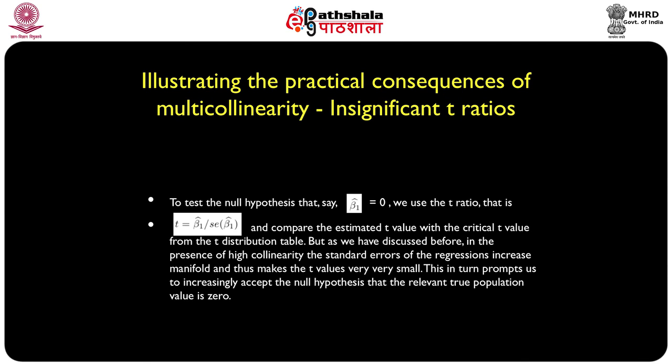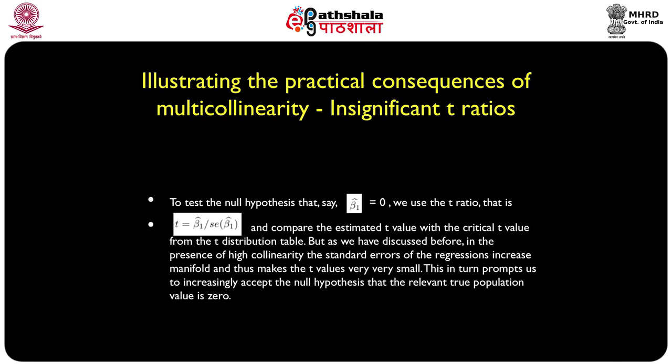Now, moving on to the next consequence of multicollinearity, that is insignificant t-ratios. To test the null hypothesis that an individual regression coefficient, say beta 1 equals 0, we use the t-test statistic, which is given by beta 1 hat divided by standard error of beta 1 hat, and compare the estimated t-value with the critical t-value from the t-distribution table.